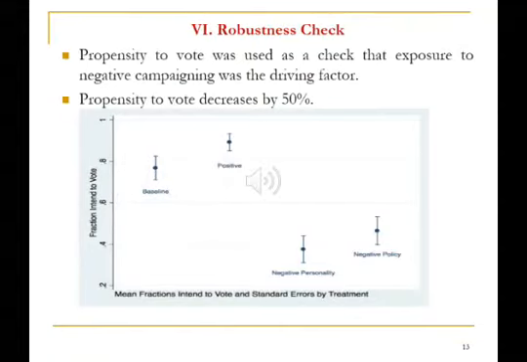So we had a robustness check. A robustness check is basically a certain question or a certain variable that tests that the mechanism by which your independent variable affects your dependent variable is the one you're arguing for.